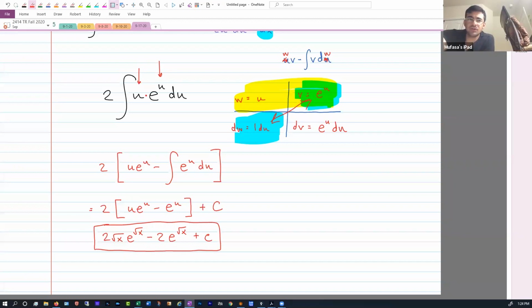I have a question regarding both the U substitution and integration by parts. Can we solve questions for U substitution by doing integration by parts? Usually not. Usually it's one or the other. This is an example where you needed u sub first, and then you did integration by parts.